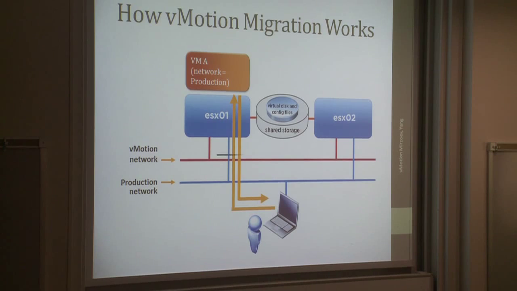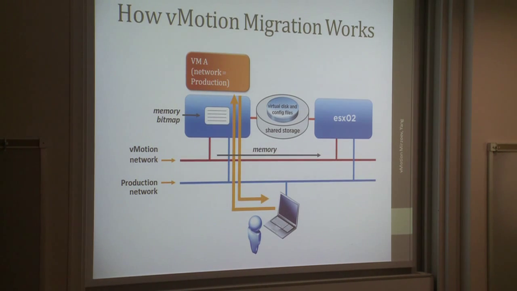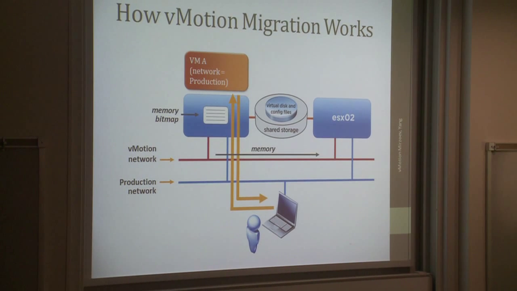What we do is we create a bitmap of the memory of the VM from this host. Since virtual machines now are all software-based, everything about the virtual machine is a file. So that state of the memory could be saved as a file, and a bitmap could be moved and applied somewhere else. We're not dealing with hardware anymore.